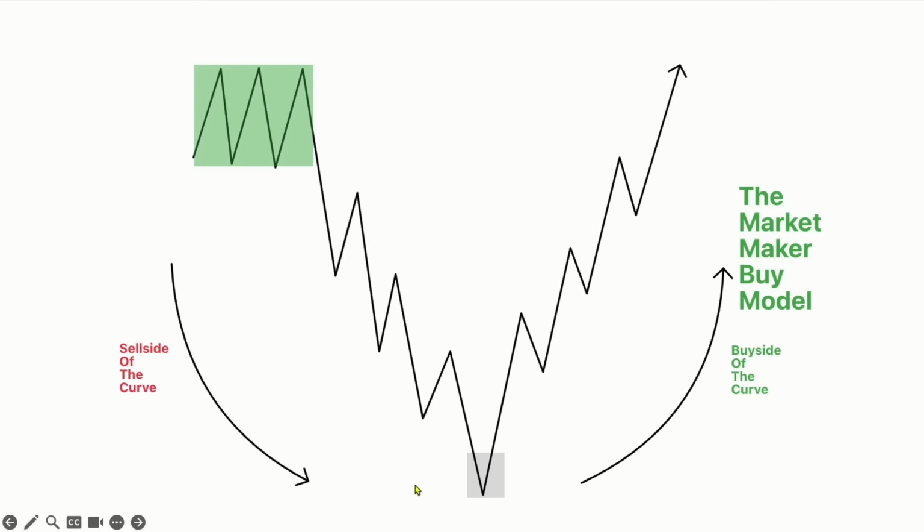From the moment that our smart money reversal takes place, the sell side delivery, meaning the market was drawn towards sell side liquidity, turns into buy side delivery, where the market is now drawn towards all of the buy side liquidity that has been engineered above all the highs on this sell side of the curve. This lasts until the market trades above these relatively equal highs, where buy side liquidity is resting. This is our market maker buy model completed.